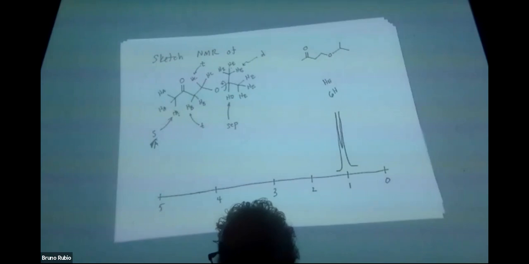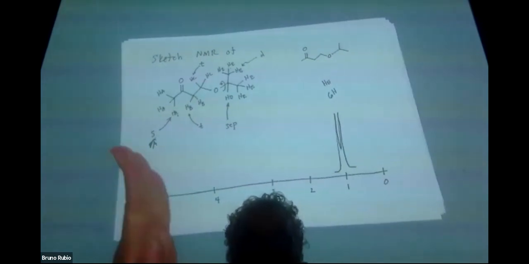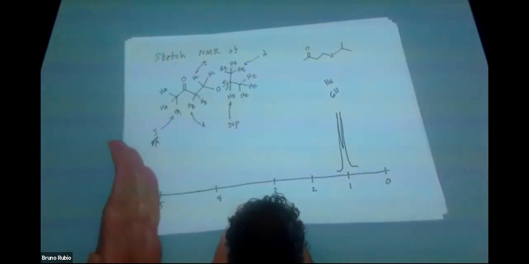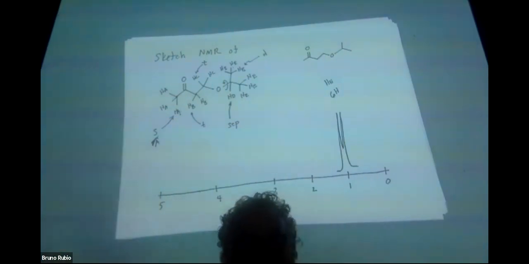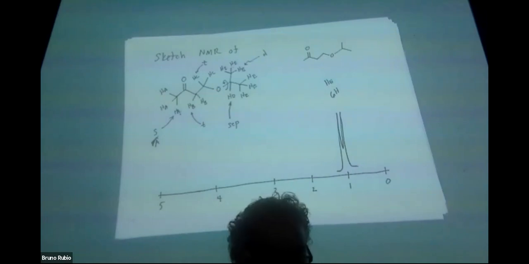Who's going to be the most downfield this way? Who's closest to an electronegative atom, and who's closest to the pi bond? Is it going to be the HA, the HB, the HC?